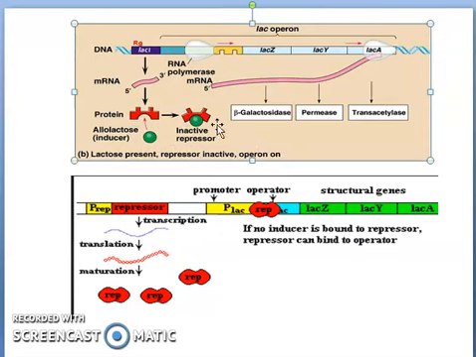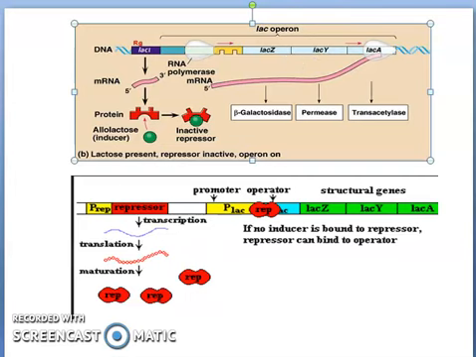Now the function of this allolactose is to bind to the repressor and deactivate it from binding to the operator region, for which the lacZ, lacY and lacA proteins will be produced, which will be responsible for the breakdown of lactose to its simplest form, that is glucose and galactose.